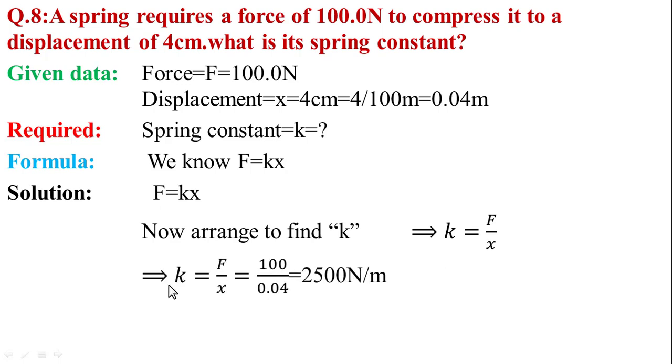Putting the values, F is equal to 100 and x is equal to 0.04. Now 100 divided by 0.04 is equal to 2500 Newton per meter. So k is equal to 2.5 multiplied by 10 raised to power 3 Newton per meter.